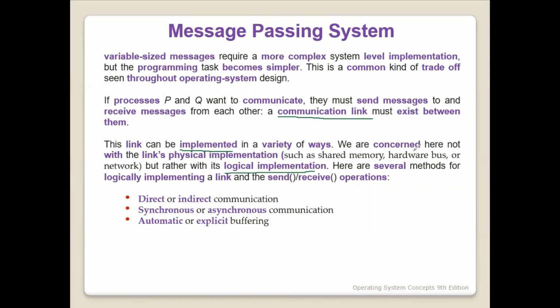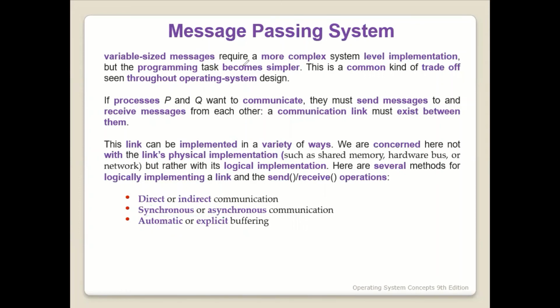There are many methods for logically implementing the link and the send and receive operations. So we have direct and indirect communication, synchronous and asynchronous communication, automatic and explicit, where automatic means implicit, and buffering.